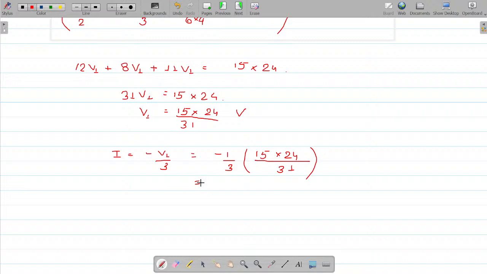I don't know if you're allowed calculators in whatever exams you're preparing for, but I think virtual calculators are allowed these days in at least the GATE examination, that I'm very sure of. Not sure about NET, but in GATE for sure we have virtual calculators. So this comes out to be your answer.